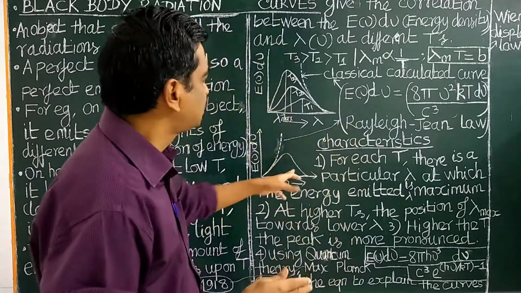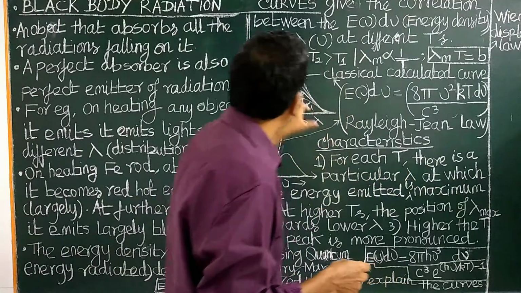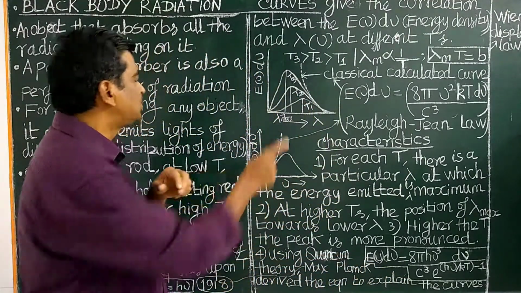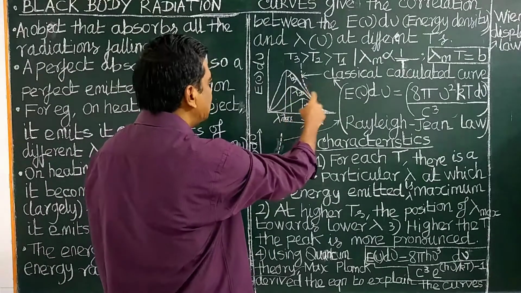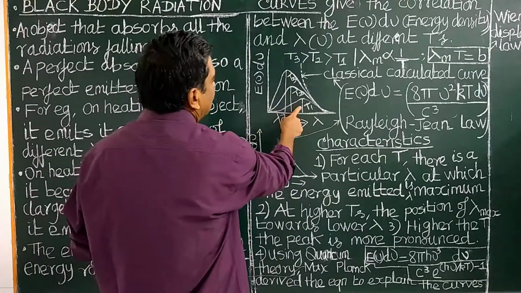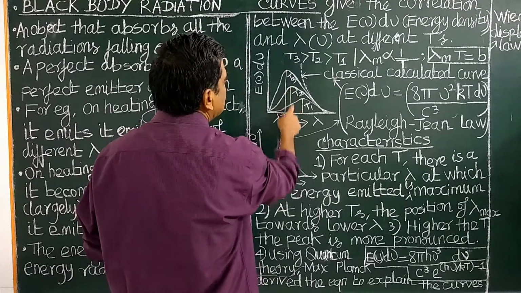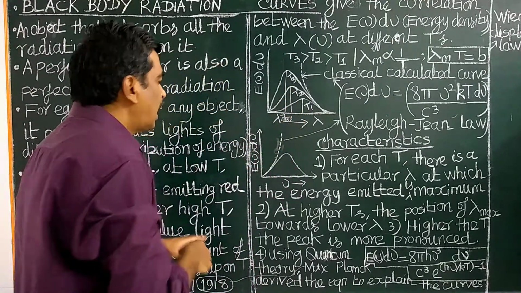What are the characteristics? For each temperature, there is a particular lambda max at which the energy radiated is maximum. For example, at T1, lambda 1 max, and at T2, this is lambda 2 max.